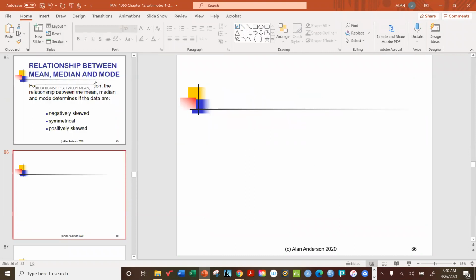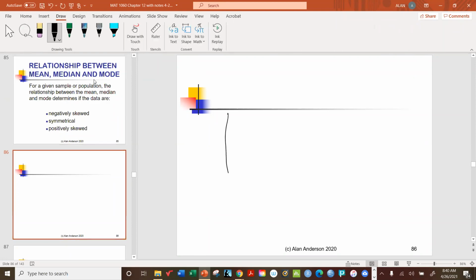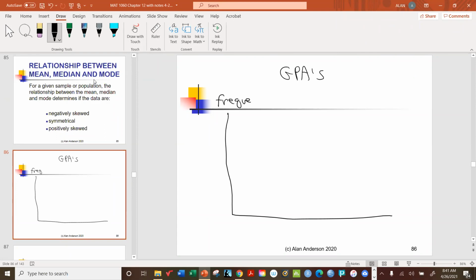Imagine you have a collection of GPAs in a class. I don't know how many students are in the class, but let's say I'm interested in studying the distribution of their GPA. So on the vertical axis, I have frequencies, and on the horizontal axis, GPA.